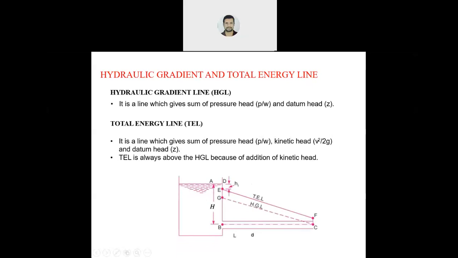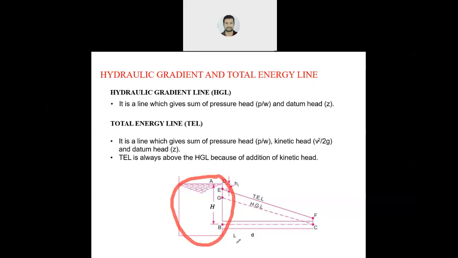Suppose this is a beaker filled with some fluid. Now at point B, a pipe is connected which has length L and diameter D. Length L means from point B to point C. A is the free surface of water, B is the opening of the pipe, C is the closed point of the pipe.